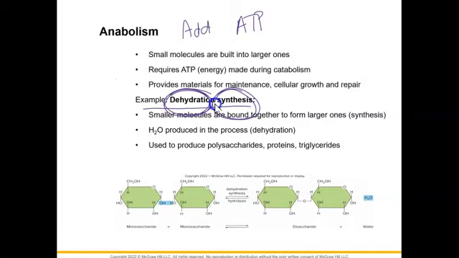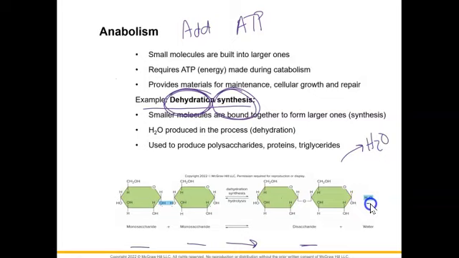So if we jump down to our image down here at the bottom, we have two monosaccharides that are being hooked together to form a disaccharide. And in order for this to happen, once these two simple sugars are hooked together, a hydrogen and an OH group are being kicked out or being removed, as shown here.